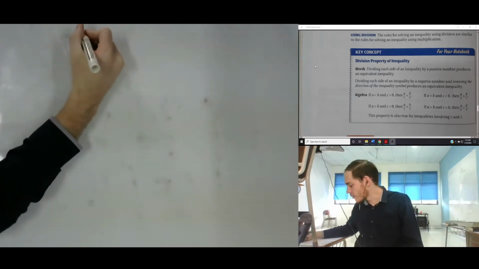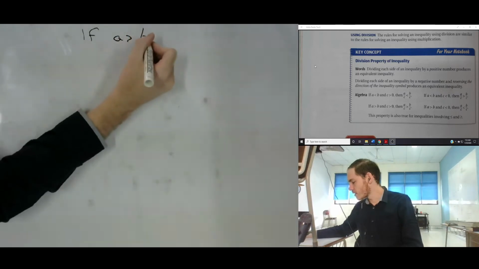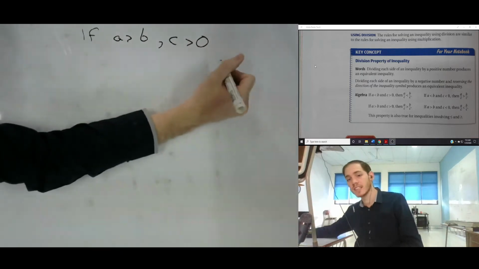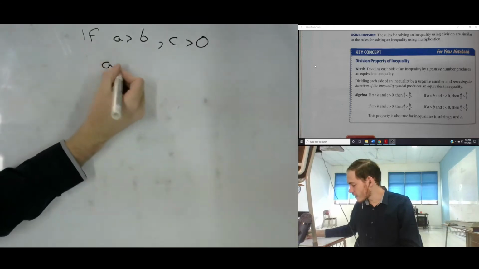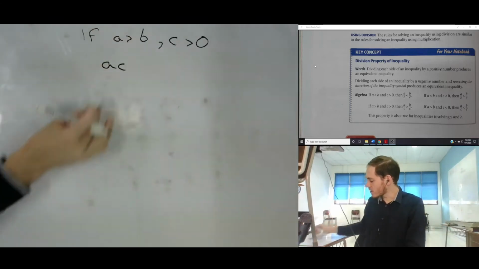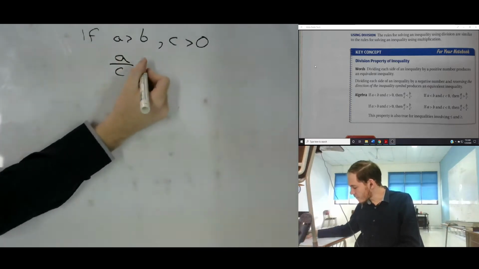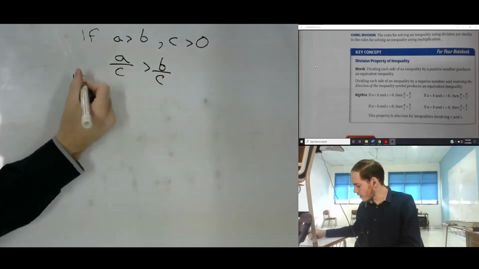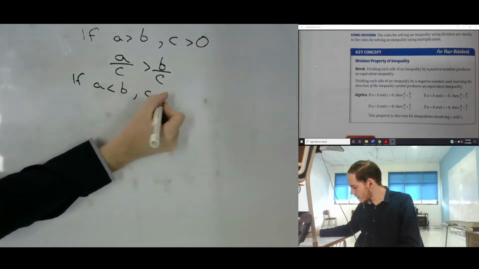Division. Now, division is going to follow a similar pattern as multiplication. So if you have A is greater than B and C is greater than 0, these are positives again, then A divided by C is going to be greater than B divided by C. The same thing is true if A is less than B and C is greater than 0.